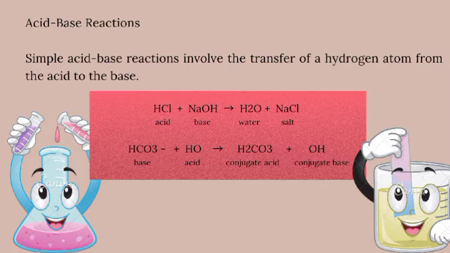Next, we have HCO3- plus H2O goes to H2CO3 plus OH-, where HCO3- is the base plus H2O being acid, H2CO3 being conjugate acid and OH- being conjugate base.